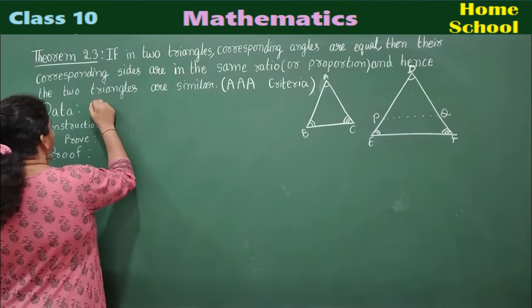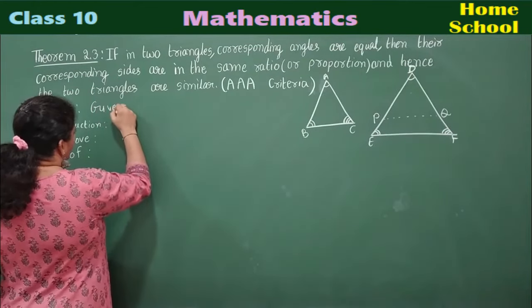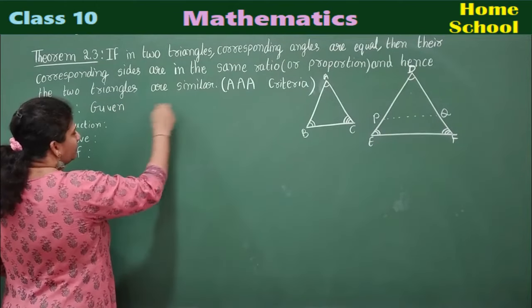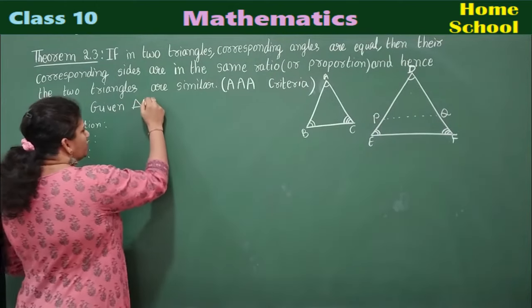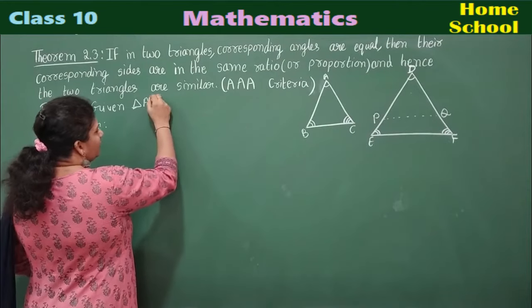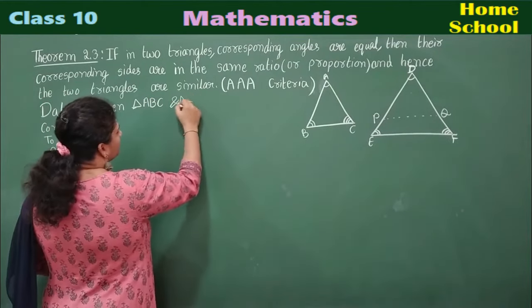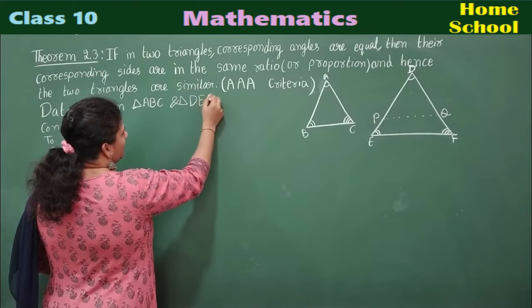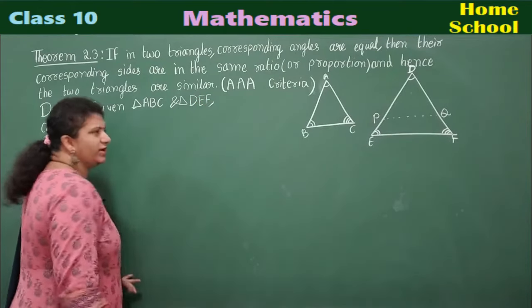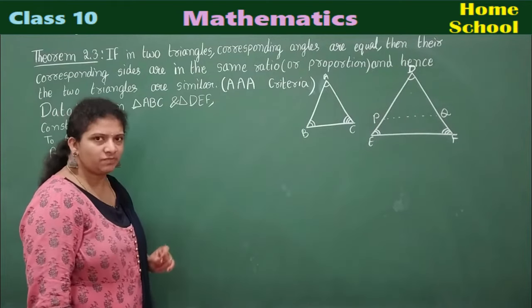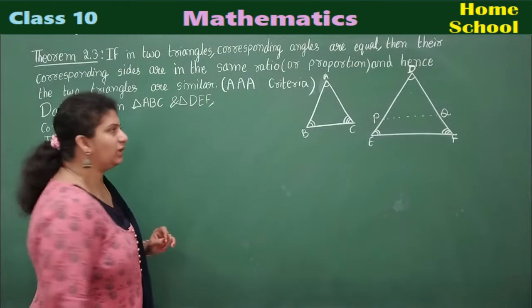Data given: any two triangles. So we have taken here triangle ABC and triangle DEF. In this, what they have given is that corresponding angles are equal.